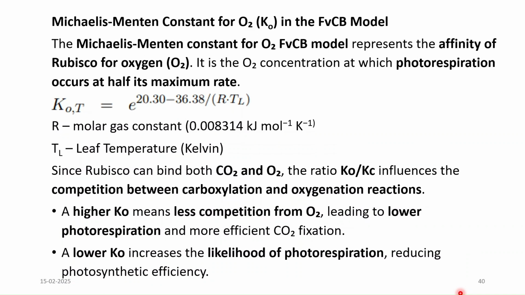Now, the same in the case of oxygen, the Michaelis-Menten constant is representing the affinity of Rubisco for oxygen, and the oxygen concentration at which photorespiration will occur at half its maximum rate.